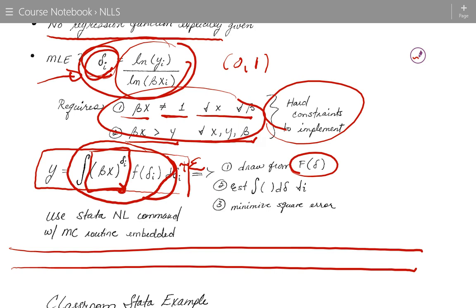This is the Monte Carlo integration we did in the Monte Carlo lectures. And we take the average of these by estimating that integral, 1 over R, the summation of beta x to the delta_r, and that gives you an estimate for any given x value in the data set.